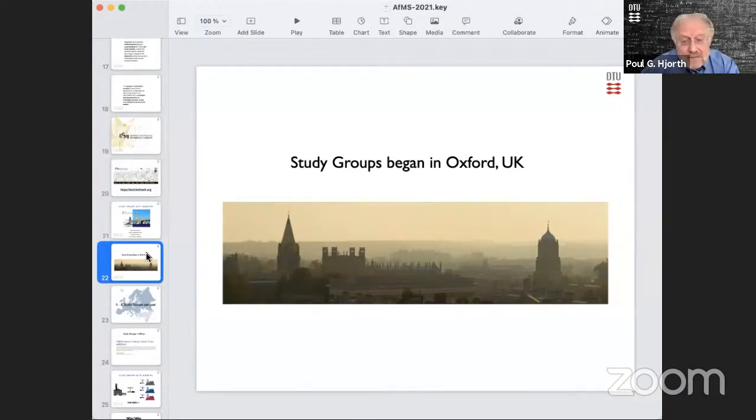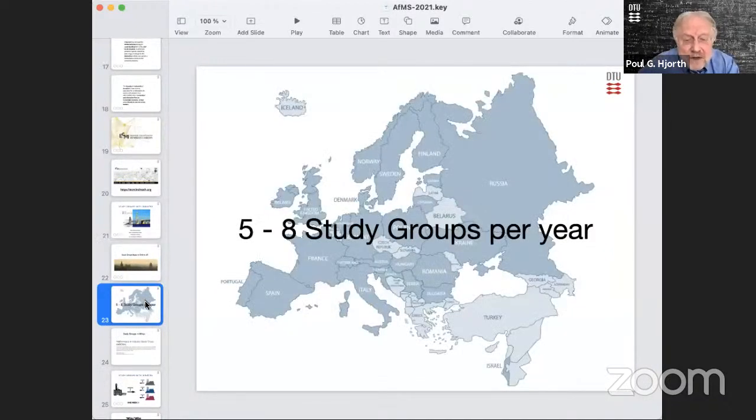And this took on the character of a regular and annual meeting, and it began to spread across the UK, and later it began to spread across other European countries.